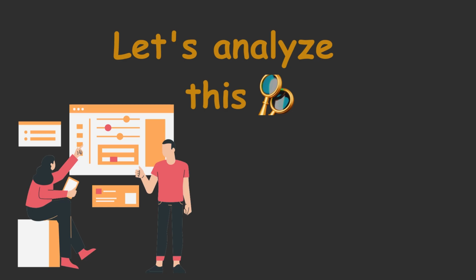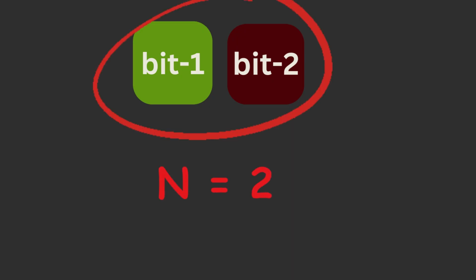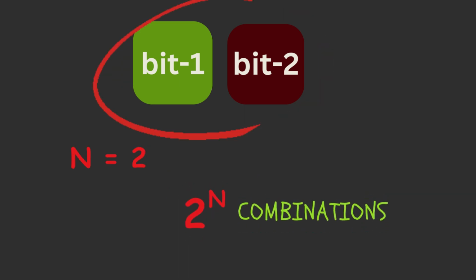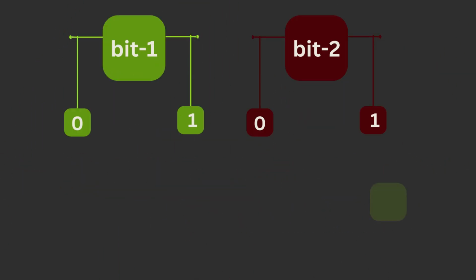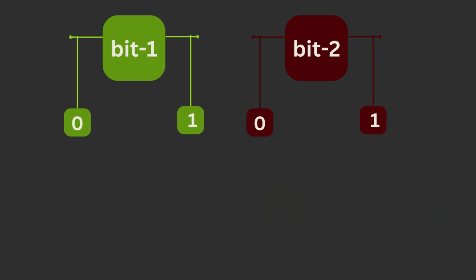Let's analyze this statement for a closer examination. Imagine we possess 2 bits, where n equals 2. In this scenario, we have a total of 2 to the power of n combinations, which amounts to 4 unique possibilities. These 4 possibilities are as follows: 00, 01, 10, and 11.